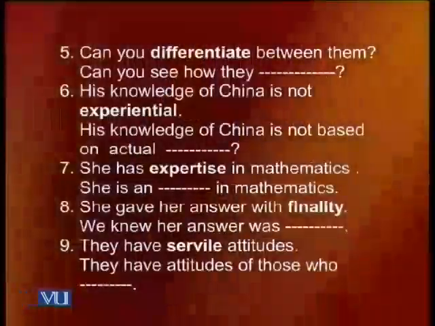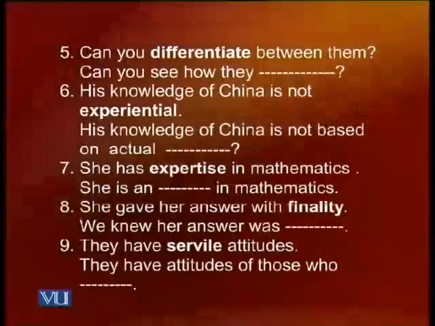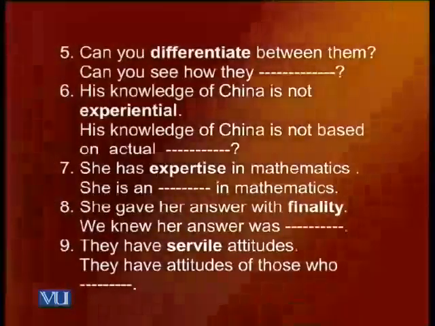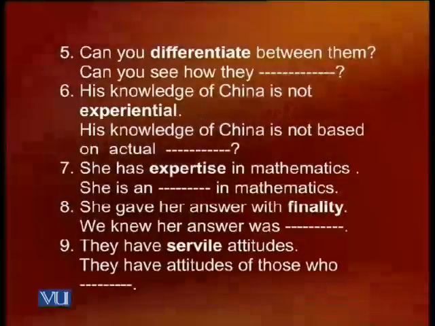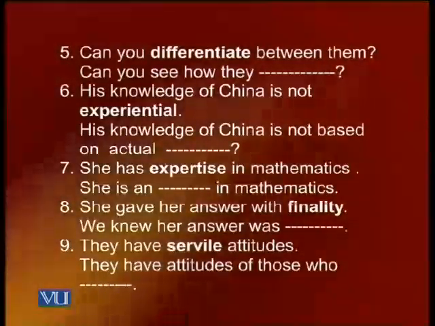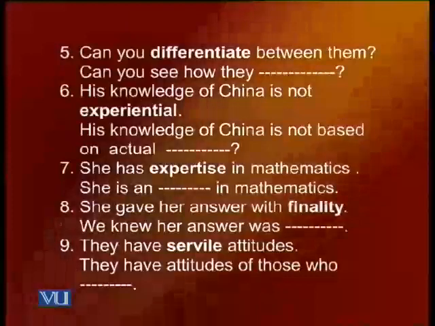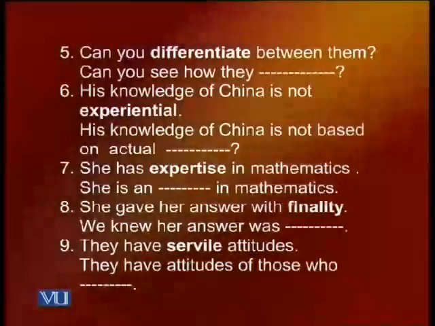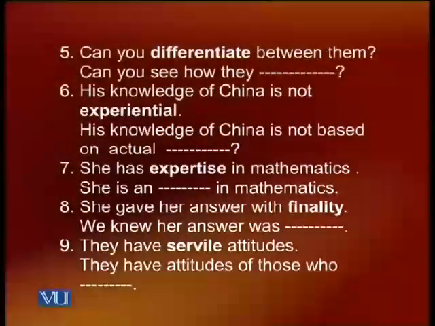Number 6. His knowledge of China is not experiential. That's a big word. What does experiential mean? These sentences will help you locate the base word. His knowledge of China is not based on actual experience. So the base word over there is experience. Number 7. She has expertise in mathematics.